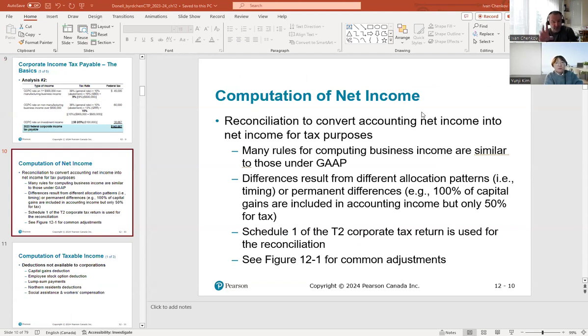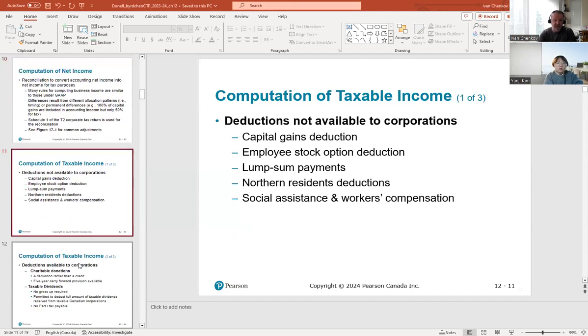That's what we always have to do. That's our first step, to convert accounting income into taxable net income.